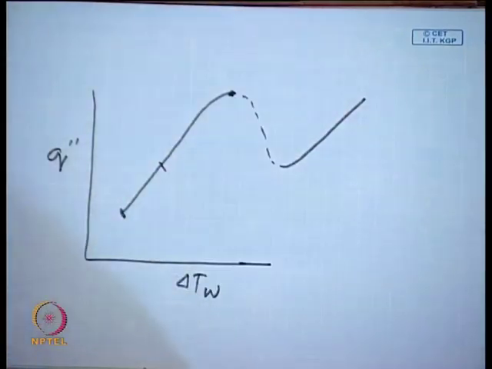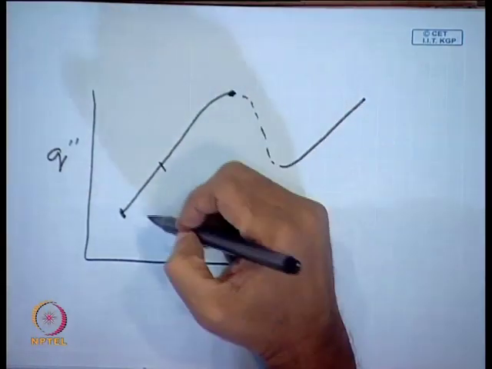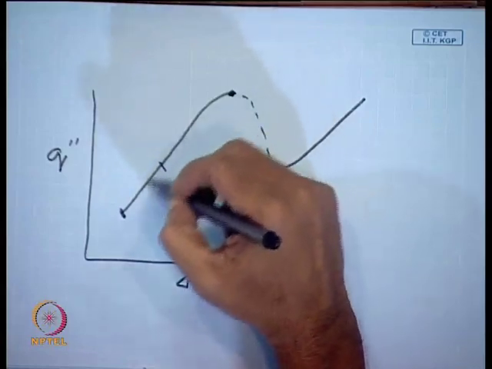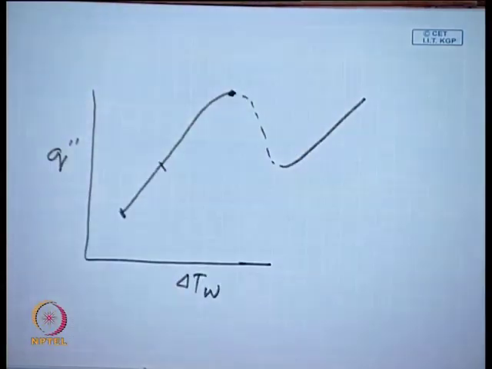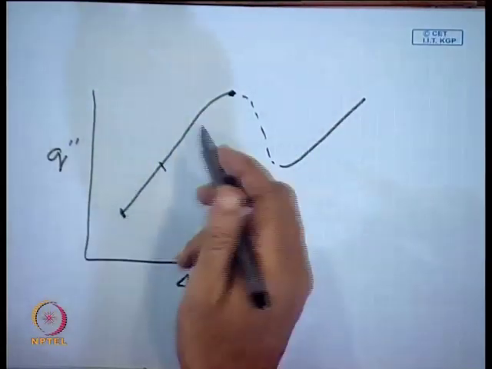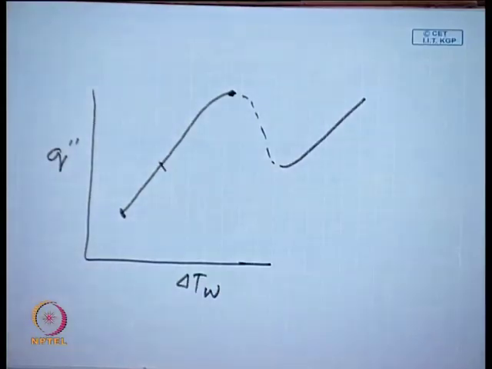So, we have come to this point. This is your critical heat flux point or maximum heat flux point. The critical heat flux point is very important, because in most industrial situations we operate only in the nucleate boiling regime. In the nucleate boiling regime, we have to know where to terminate, and we have to terminate at the critical heat flux.